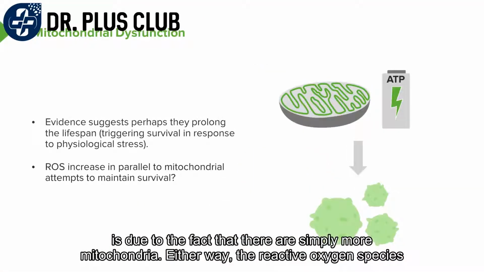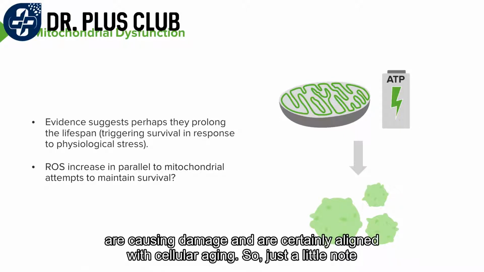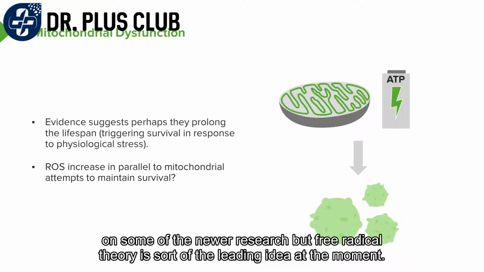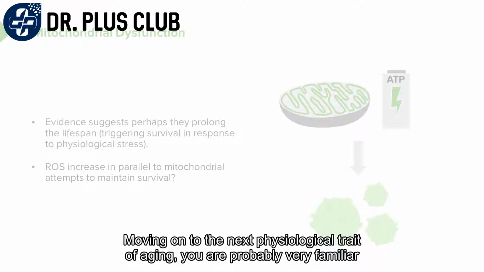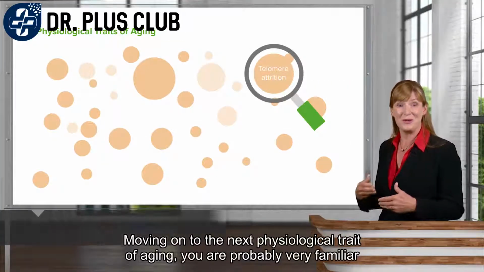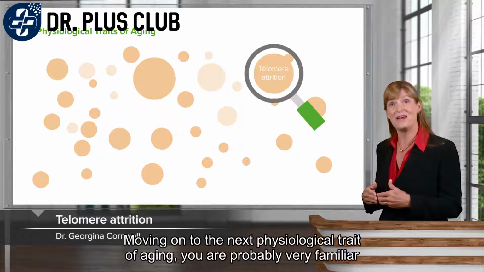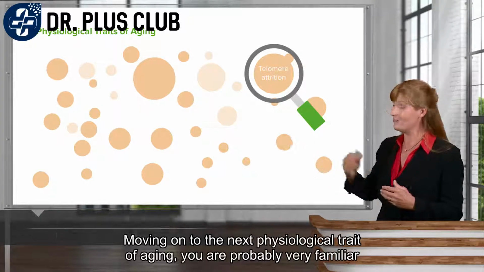Either way, the reactive oxygen species are causing damage and are certainly aligned with cellular aging. So just a little note on some of the newer research, but free radical theory is sort of the leading idea at the moment.